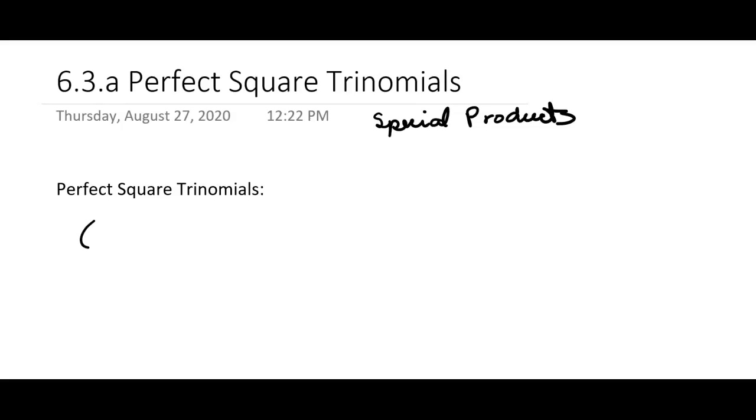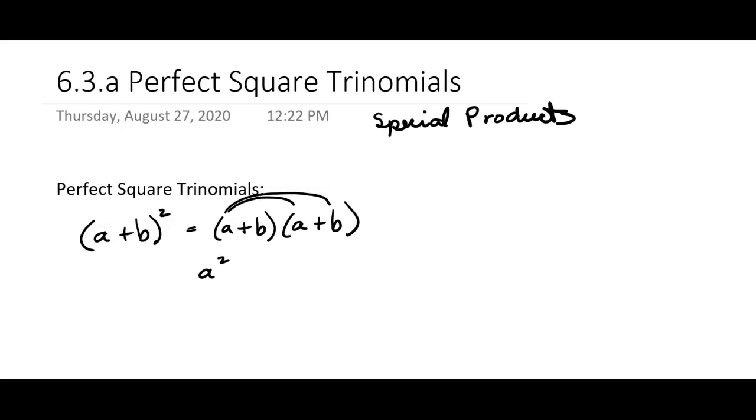So if you take a binomial like a plus b and you were to square it, that would mean a plus b times a plus b. And if you multiplied it out with FOIL, you'd have a times a, which is a squared, and then you'd have ab, but then you'd have another ab, and then finally you'd have b squared.